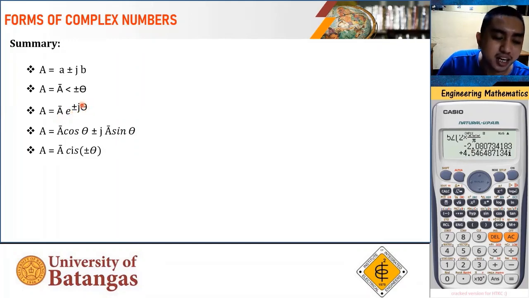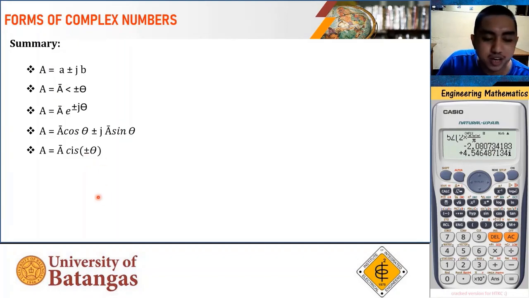Okay, kapag walang nakalagay na degrees dito, naka-radian yon. Para naman dito sa ating kasunod, A equals A bar cosine theta plus or minus J A bar sin theta, ito naman ay trigonometric form. Yung trigonometric form, meron pang isang form yon. Ito naman yon. A equals A bar cis positive or negative theta.